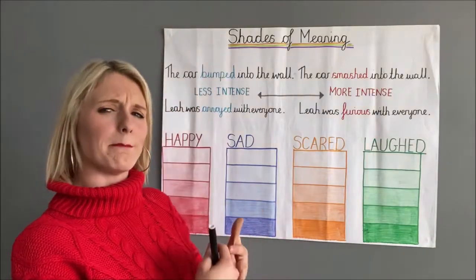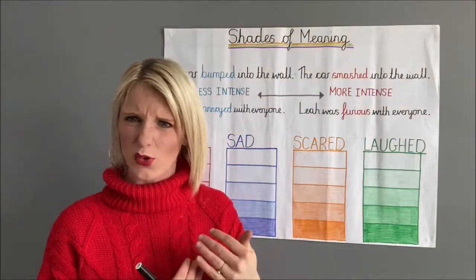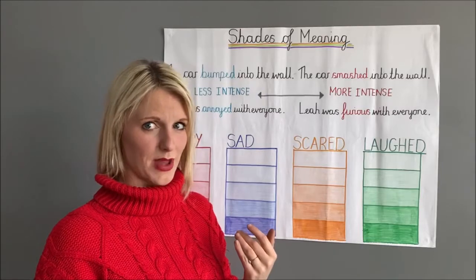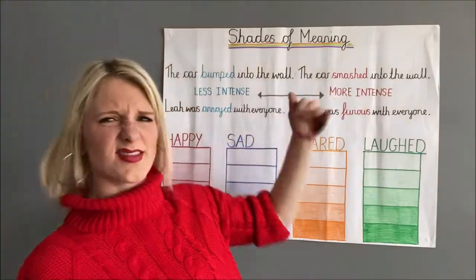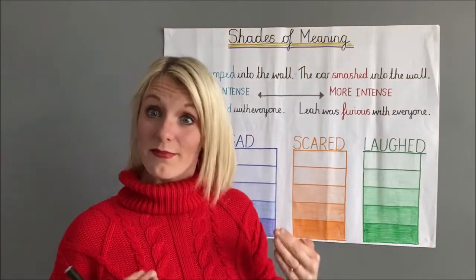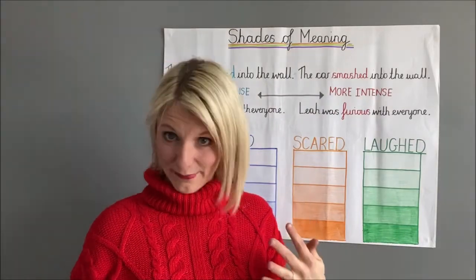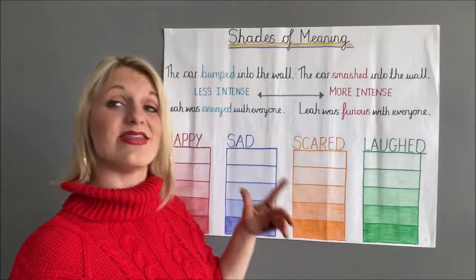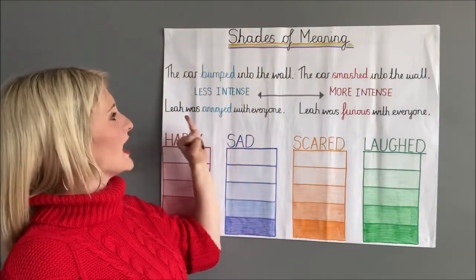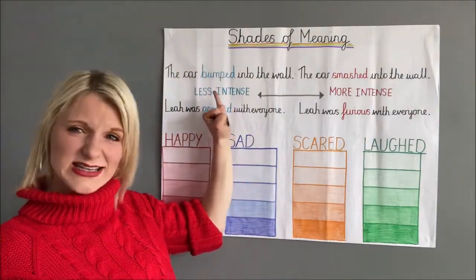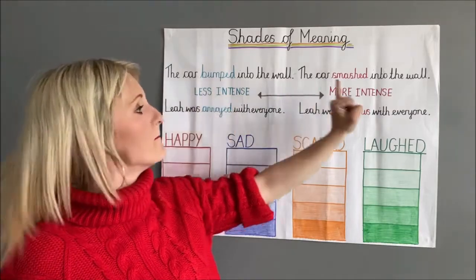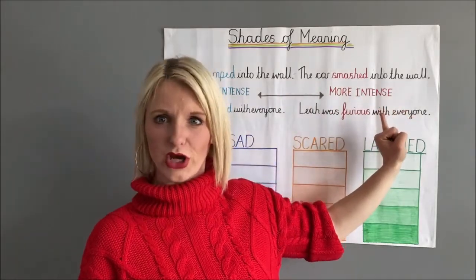The car bumped into the wall suggests that it happened quite softly, that maybe there's not very much damage. Whereas the car smashed into the wall suggests to me that the hit was a lot more powerful and that there might have been quite a bit of damage caused by it. That is a very different shade of meaning. We've got from the less intense version to the more intense, the more powerful version.